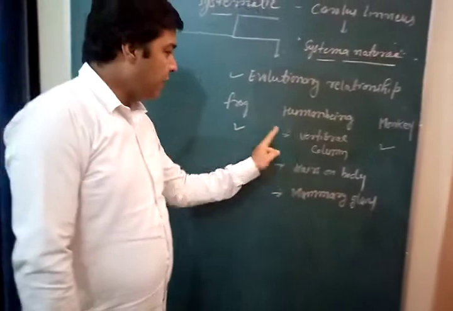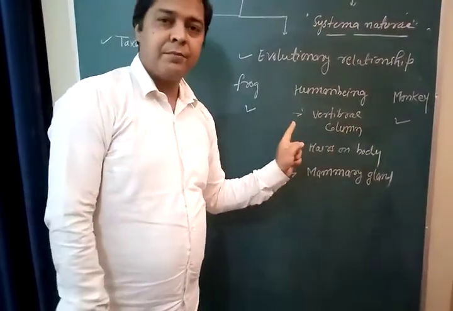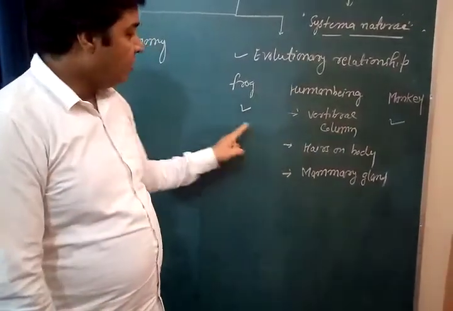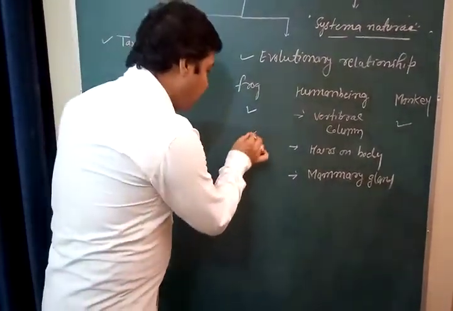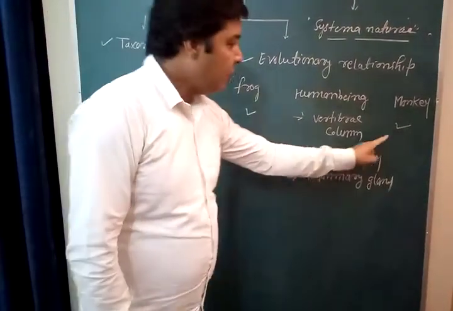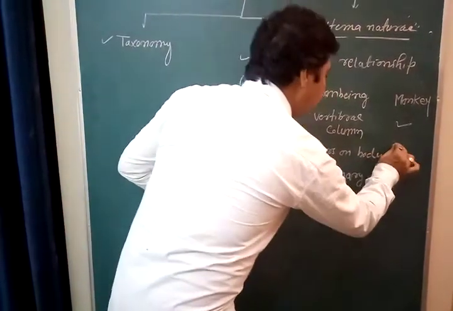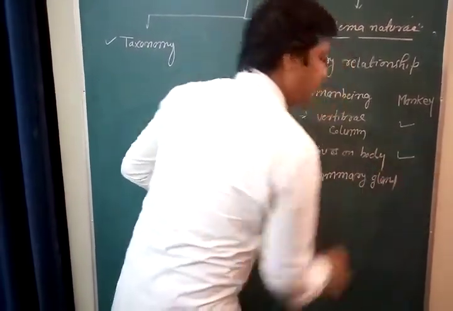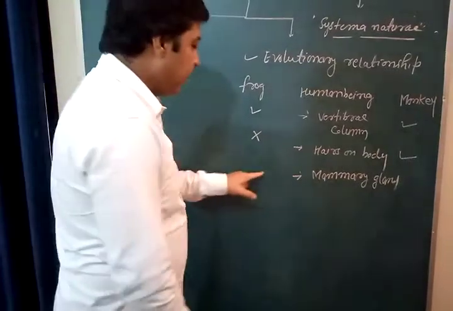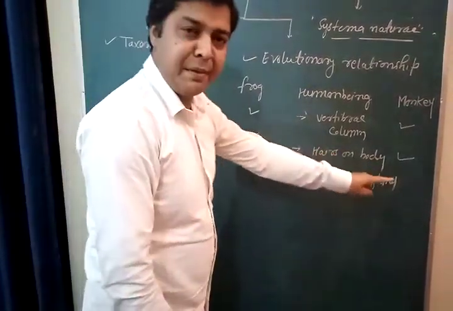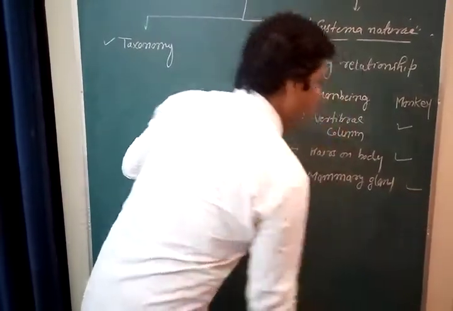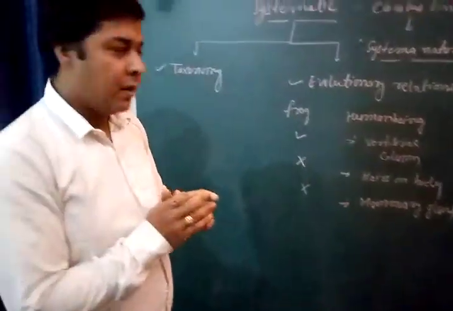This property is found in all three. Second, hairs on the body. Do frogs have hair on the body? No. Do monkeys have hair on the body? Yes. Mammary gland. Does the frog have mammary glands? No. Do monkeys have mammary glands? Yes.